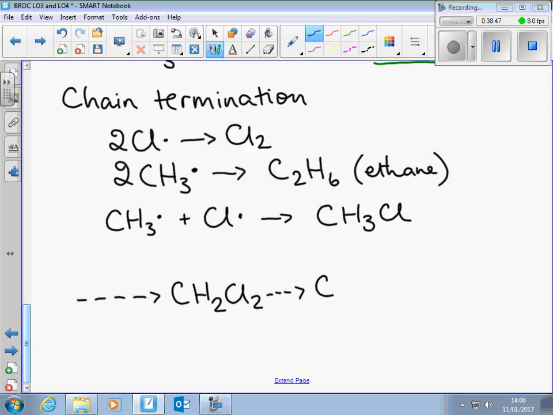You can get CHCl3, and you could ultimately get CCl4. Okay, it just depends how much of everything you've got, really, and how long it's happening for, I suppose. So that's the mechanism, but then that's the potential for completing it, as it were.